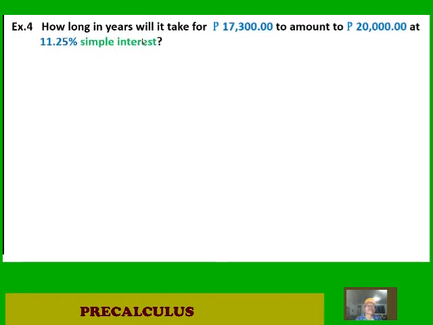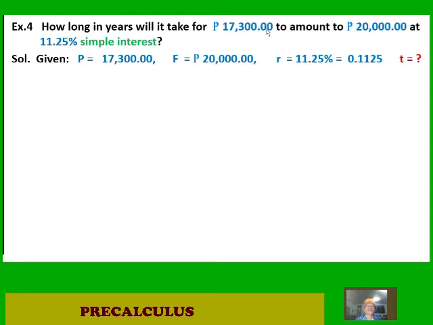Next, how long in years will it take for 17,300 pesos to amount to 20,000 pesos at 11.25% simple interest? So this is the principal and the future amount or maturity value. The rate of interest is 11.25%, or changing percent to decimal, move the decimal point to the left 2 decimal places.